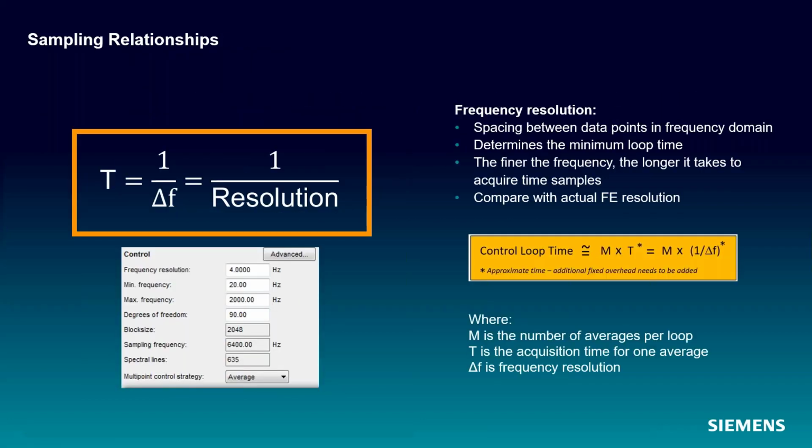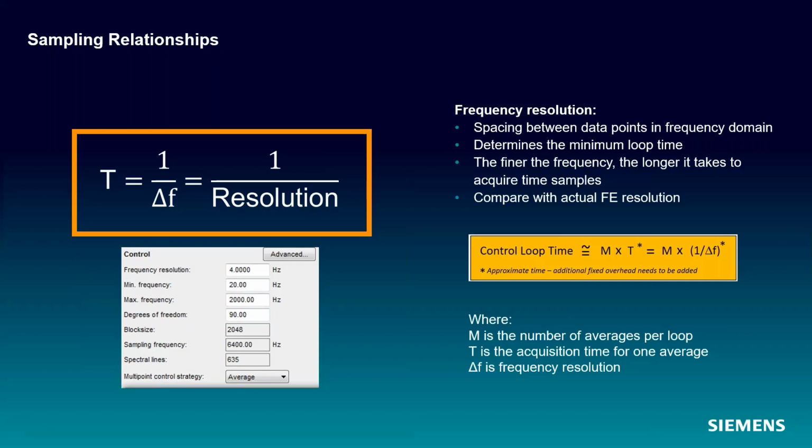You might be familiar with this, you might not, but when you do an FFT, there is a minimum amount of sampling time that's required. And the discrete Fourier transform has this relationship between the delta frequency of the frequency domain data and the minimum amount of time you need to sample to get that frequency resolution. And it's an inverse relationship.